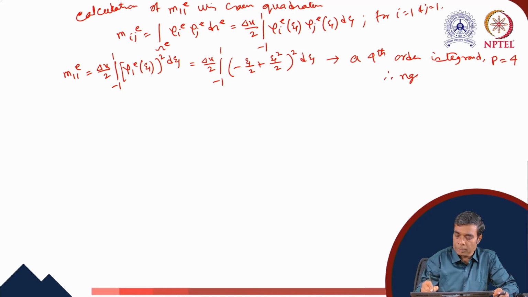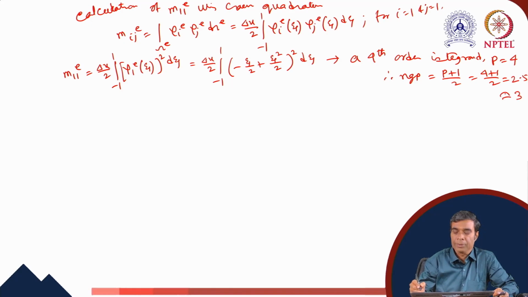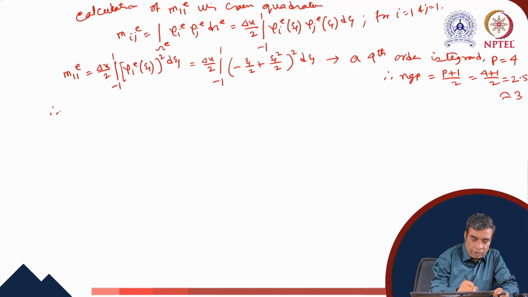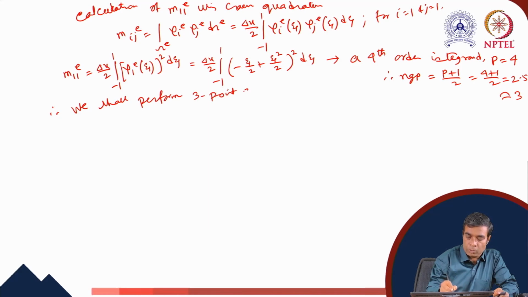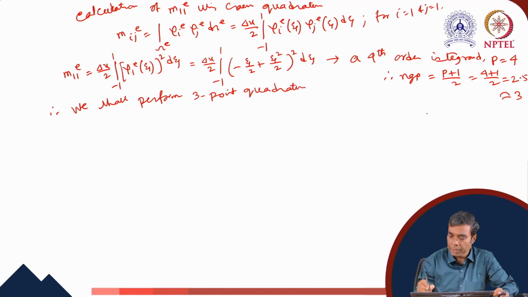Therefore, number of Gauss points equals p plus 1 by 2, equals 4 plus 1 by 2, equals 2.5. Roughly, we take 3-point quadrature. Therefore, we shall perform 3-point quadrature for the quadratic bar elements.